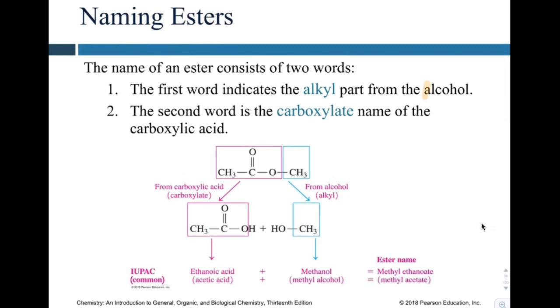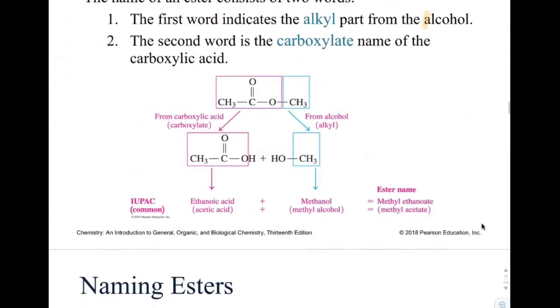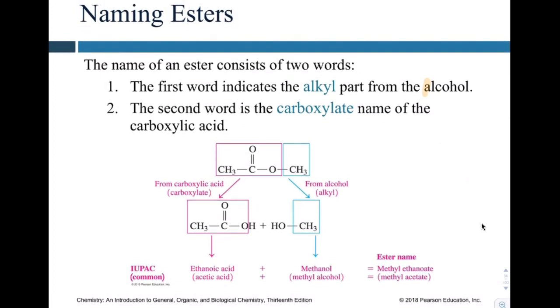We're going to put the thing that comes from the alcohol first. If you look back here, this part was from the alcohol, and this was methanol. And so this is a methyl group that comes from that alcohol, your methanol.